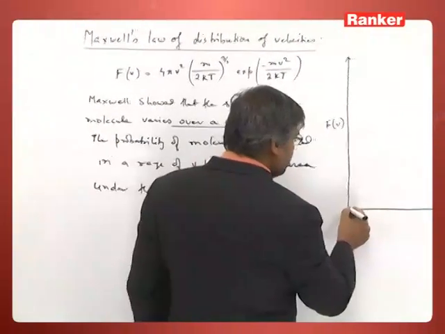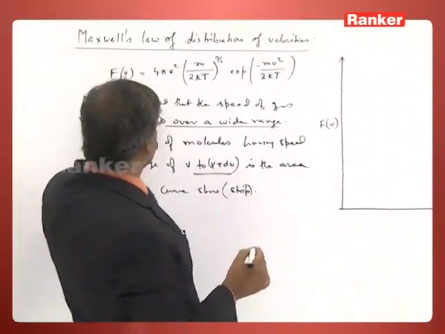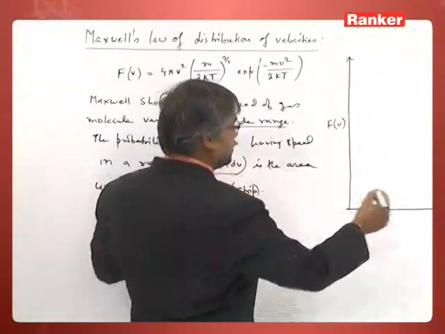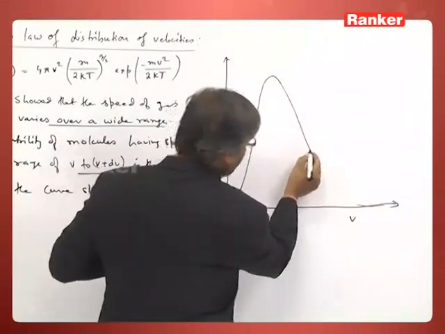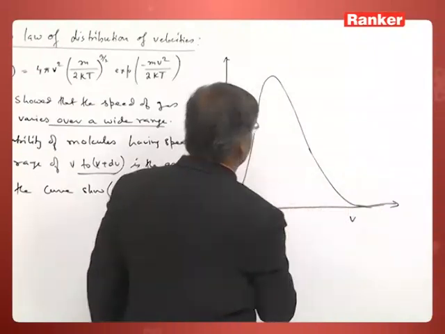So this graph here Fv is plotted here and v is plotted here, and we get this curve like this. So this is the curve we get.